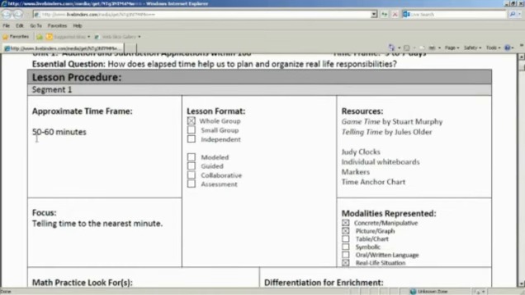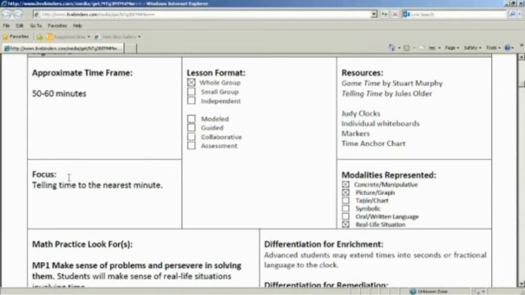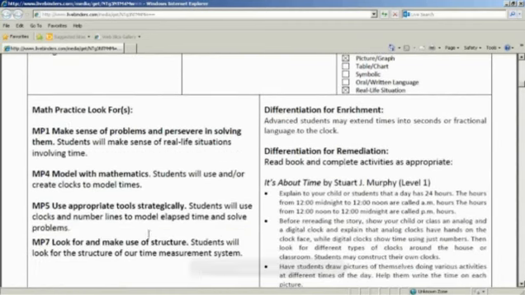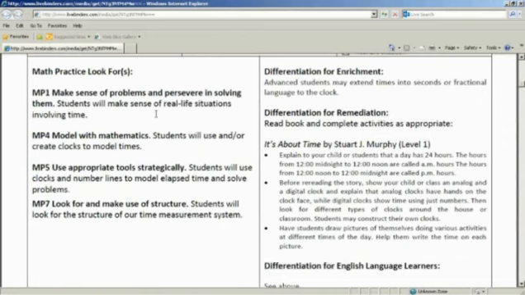So in segment 1, we believe it will take 50 to 60 minutes. And this is, of course, whole group instruction. I love that the resources are listed here in the right-hand corner, including the 2 books for connecting ELA with our math standards. Here's our focus. Here are our math practices to look for in this segment. For example, math practice 1, 4, 5, and 7, and specifically how we might find them within the lesson.